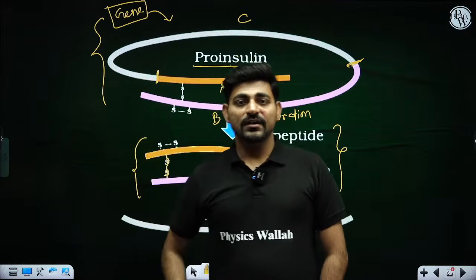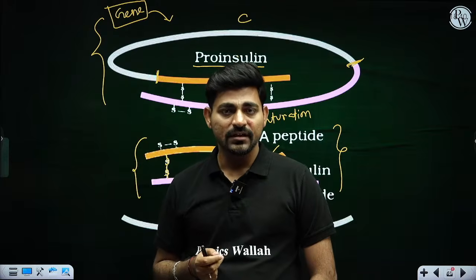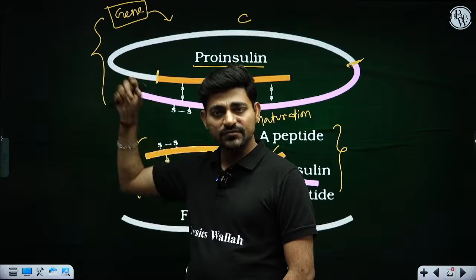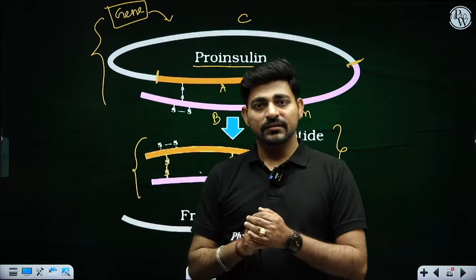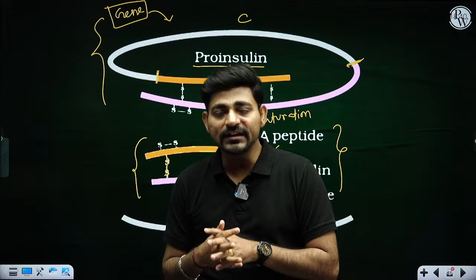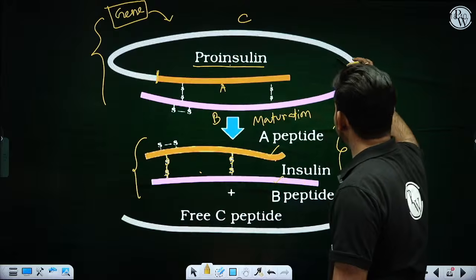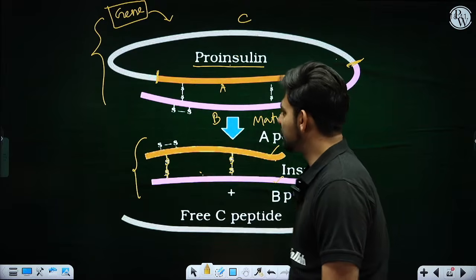Now if you are performing normal genetic modification, if you have isolated the insulin producing gene from a human cell, and if you incorporate it by following the rDNA technology inside the E. coli bacteria, that can produce proinsulin, but it cannot produce the active form of insulin.